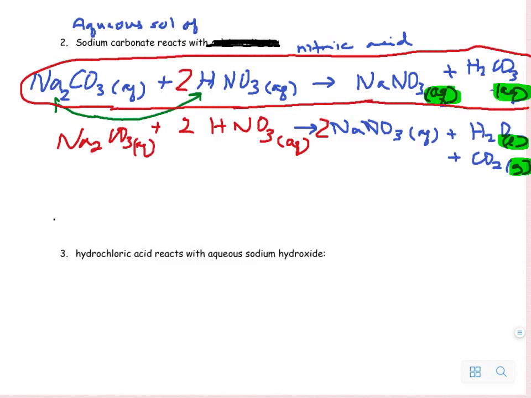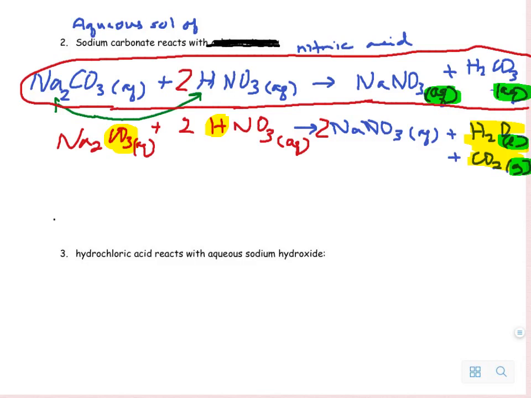In terms of spectators, well, if the H2 and the CO3 are what we would call the driving force, the big cheese, the big result, then it's quite easy to tell that the things that make those are the H's and the carbonates, and the sodiums and the nitrates would be the spectators.